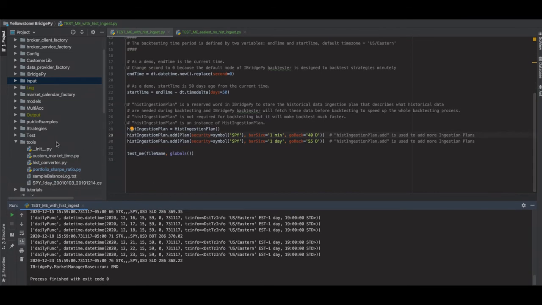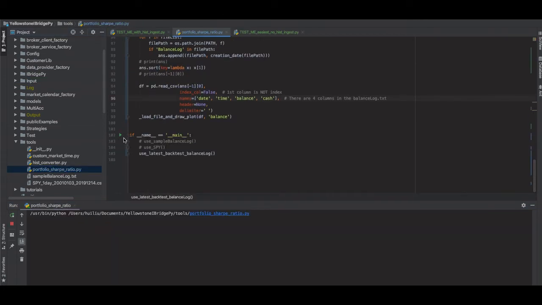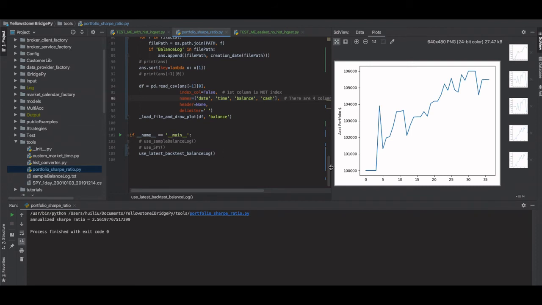Then if we go to tools, portfolio Sharpe ratio, and start this one, run the charting, we can see the performance is as we expected. Okay, pretty good result, looks promising.